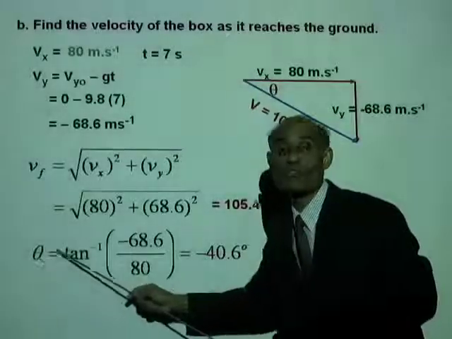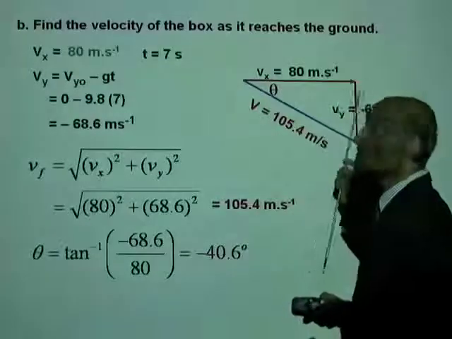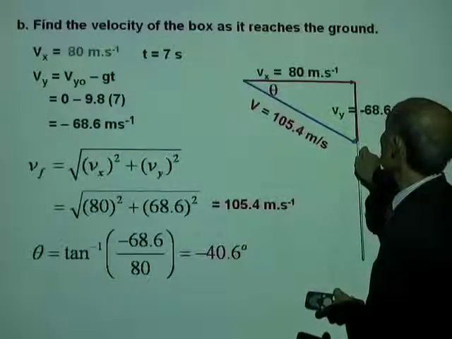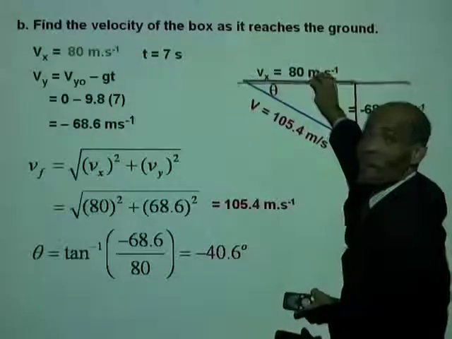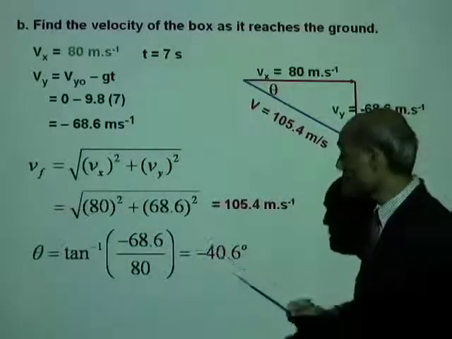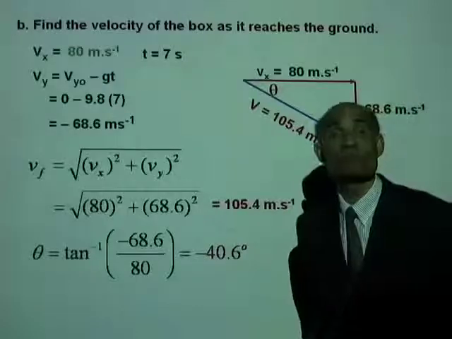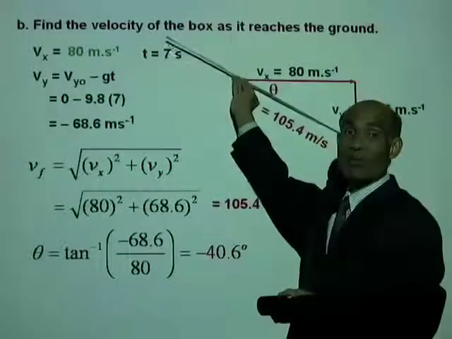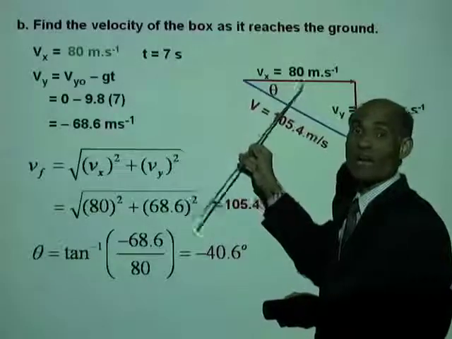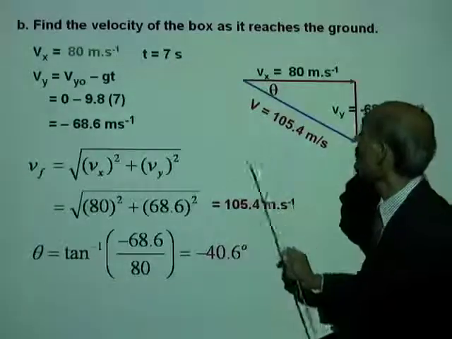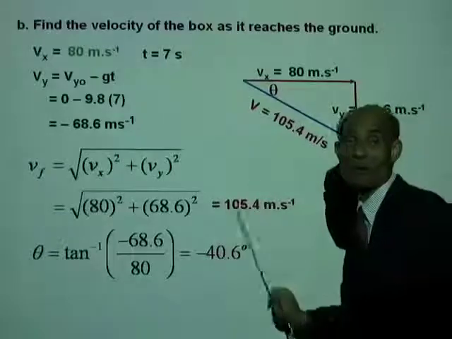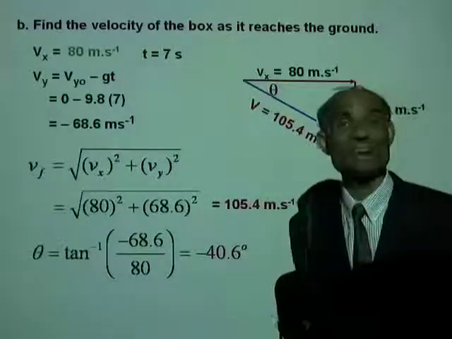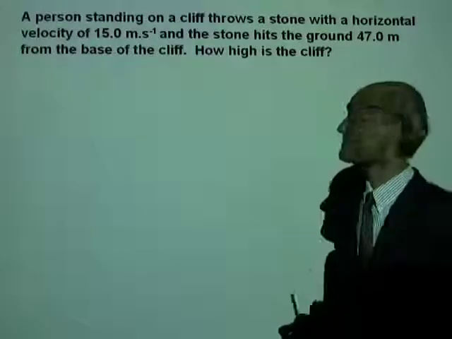And therefore theta is tan inverse of what? Negative 68.6 divided by 80, and that is negative 40.6 degrees. You see, the angle is a negative angle. It is a fourth quadrant angle. So we now found the magnitude of the velocity and its direction. A very important type of problem.